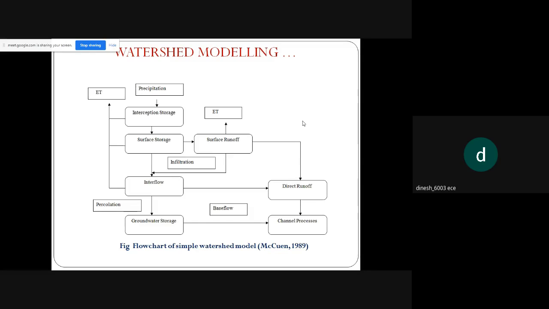Then infiltration occurs and the interflow can be given directly as direct runoff to the channel processes, which are your rivers or lakes, connectivity to lakes, rivers, ponds, mini watersheds or micro watersheds. They in turn connect to the base catchment areas, then to the basins. Heat causes evaporation.